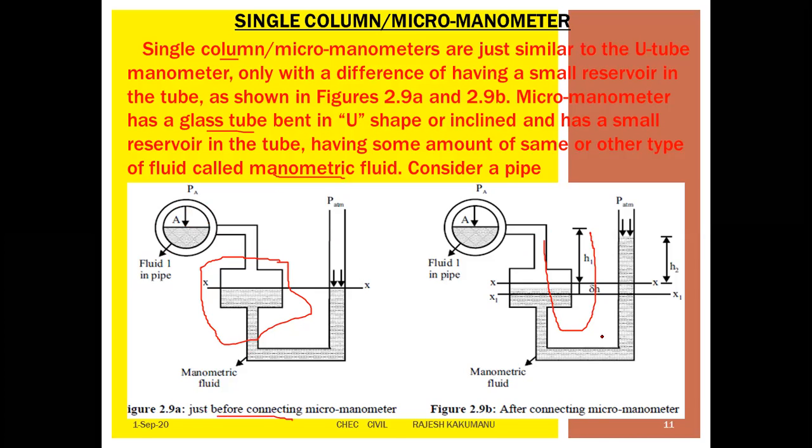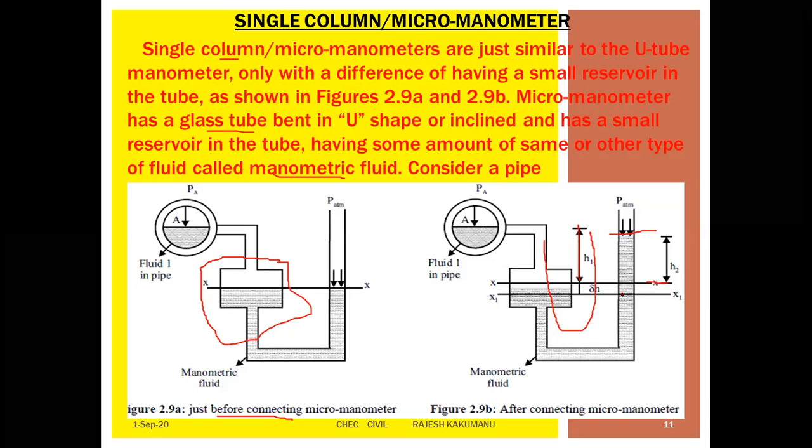Whenever the manometric fluid is filled, because of the pressure difference, the datum line changes. The manometric fluid is rising to the atmosphere to some level. This one is H2, this one is H1. In this way you have to do the process in this micromanometer.